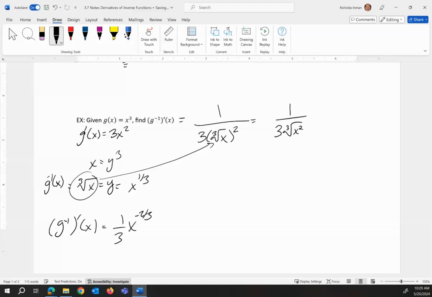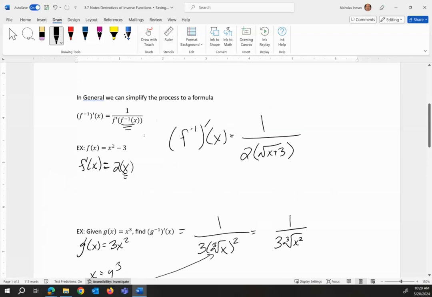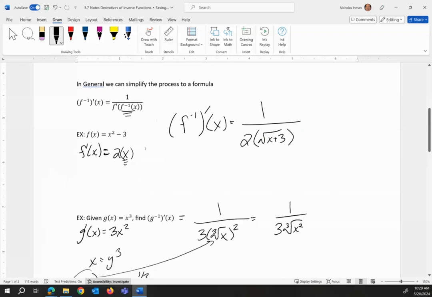Move the power in front, reduce by 1, so 1 over 3, and then that exponent would go to the bottom. And that is the cube root of x squared. So for the two methods, you can just do the inverse and then take its derivative. It will work for sure. But this formula for the inverse functions usually goes just a little bit easier.